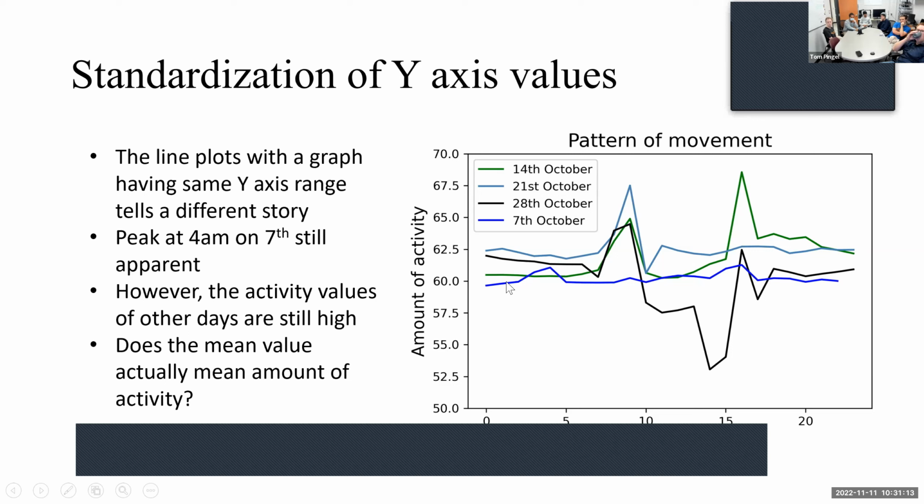But I had a couple of questions when I look at this. Around 3 a.m. I expected all the days to have minimal activity, but some days are better or worse. I'm still questioning if the mean pixel value is actually showing the amount of activity. I think it does, but it's very imprecise. It's noisy.